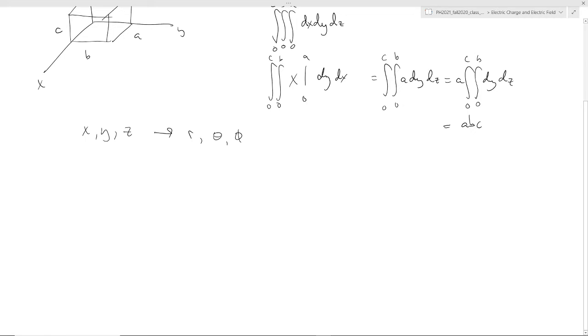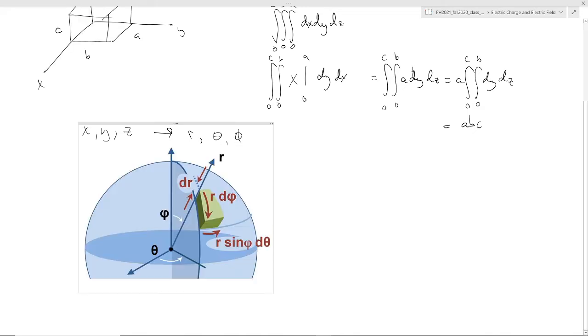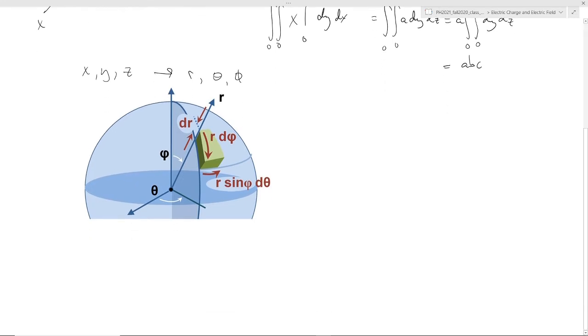Let me paste a picture that's better than what I'm going to be able to draw. So here's a picture of the spherical coordinate system. I'll try and point out a few things here. Think of it on top of your Cartesian coordinates like this.